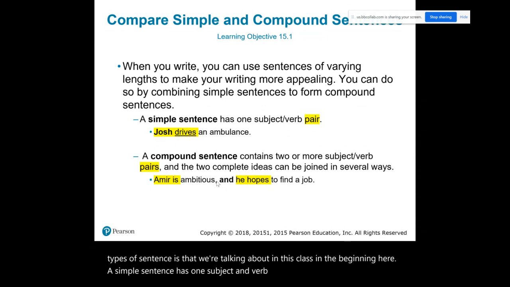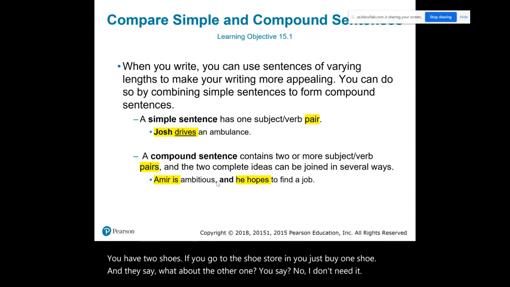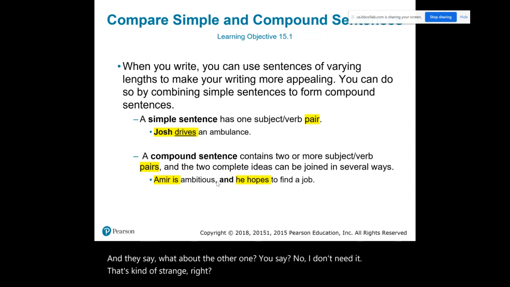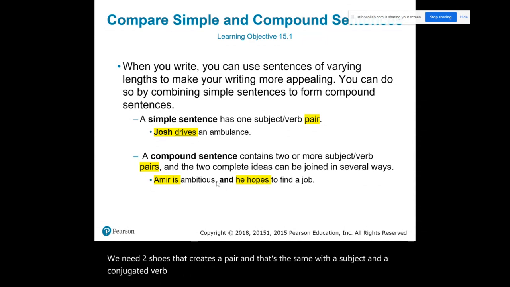Remember we talked about pairs before, right? Think of a pair of shoes. You have two shoes. If you go to the shoe store and you just buy one shoe and they say, what about the other one? You say, no, I don't need it. That's kind of strange, right? We need two shoes. That creates a pair, and it's the same with a subject and a conjugated verb.